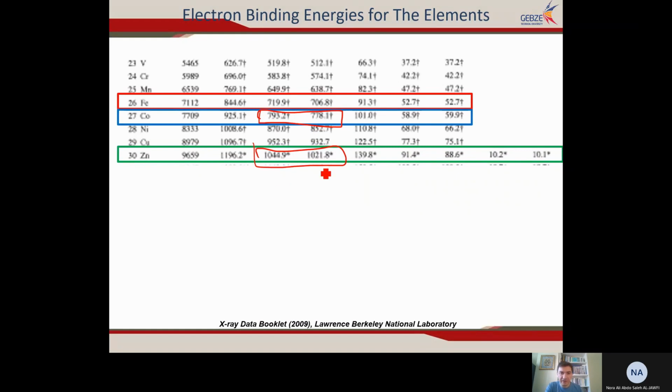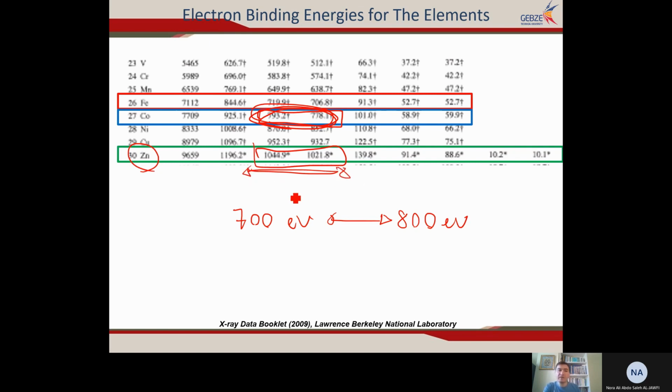For example, you can start from 700 electron volt to 800 electron volt. Then you can see these transitions, the L2, L3 edges for cobalt, okay, if you scan this range. In order to investigate zinc, you have to scan this range, okay?